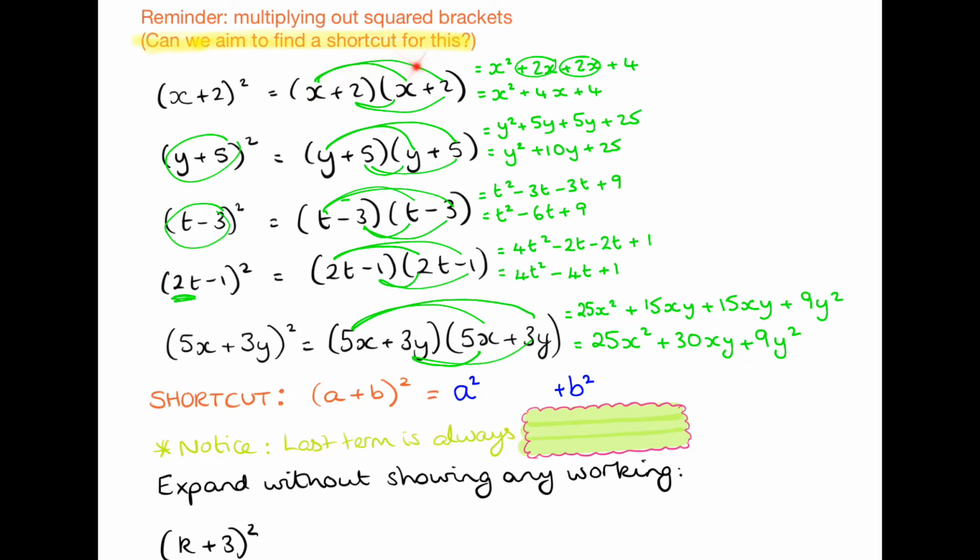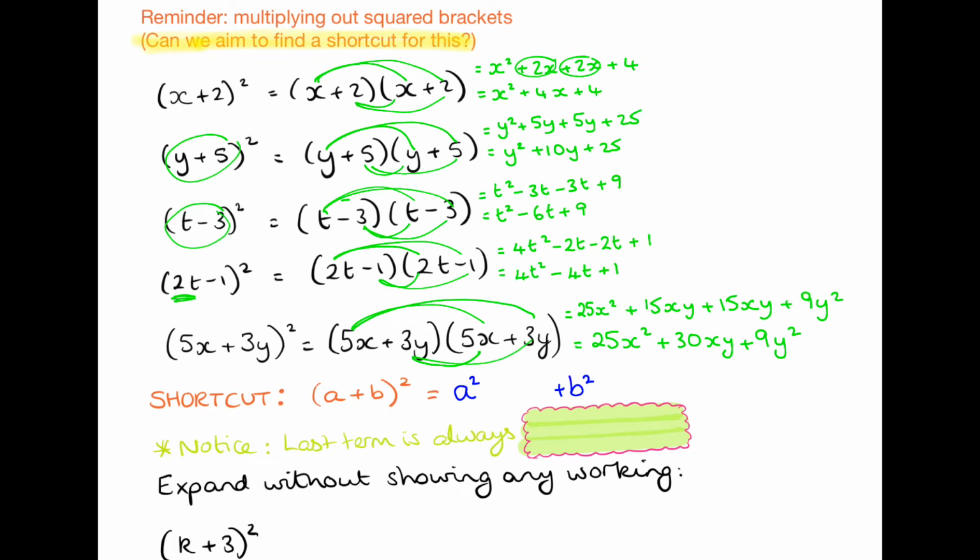Now don't forget, when these two brackets are the same as each other, basically all we're doing is the first term times the second term, and we have it twice. Okay, so what you would have here is the first term times the second term, like we've got here, 5 times y, twice, negative 3t, so t times negative 3 is negative 3t, got that twice. And then we've got 2t times negative 1, that's negative 2t, twice.